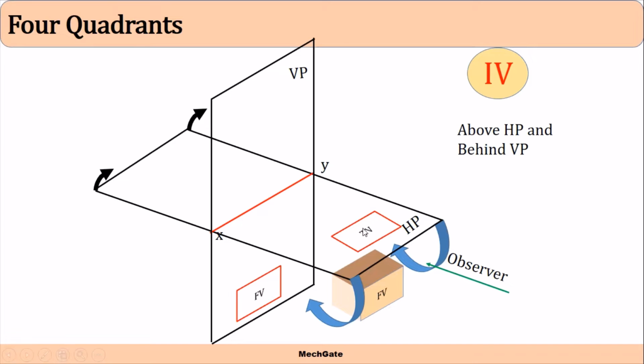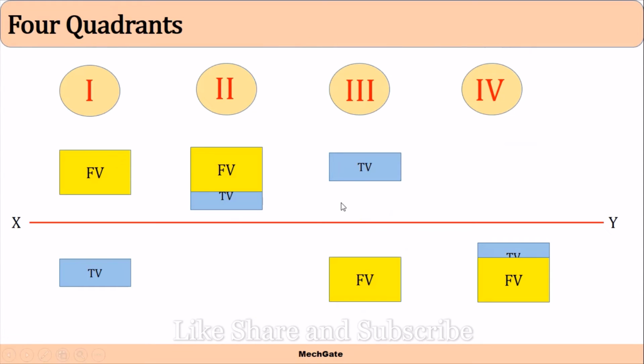So again the front view and top view both will lie below the reference line XY, right? Here also it might be possible that the front view and top view overlap, right? So ideally the second quadrant projection system is not used because of this overlapping of the front view and top view.